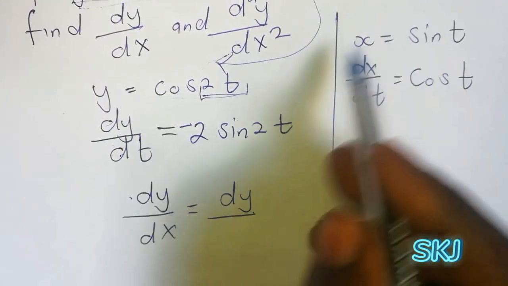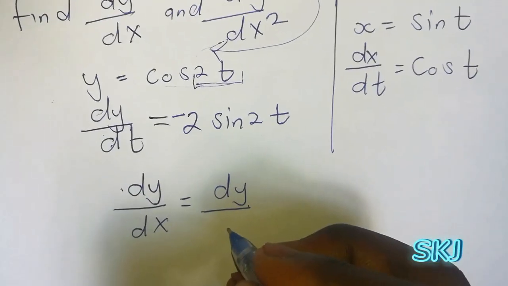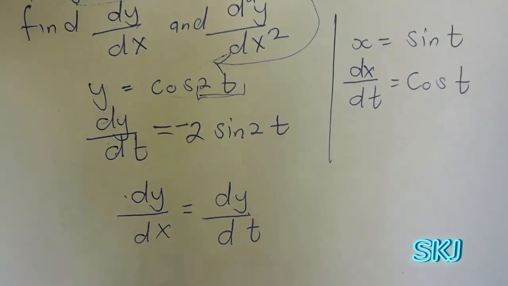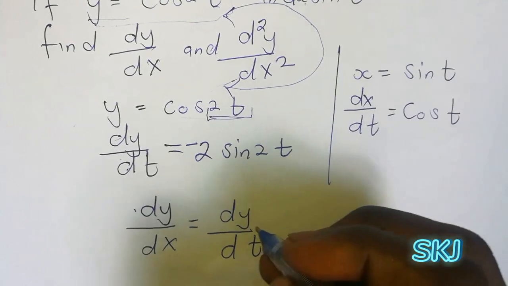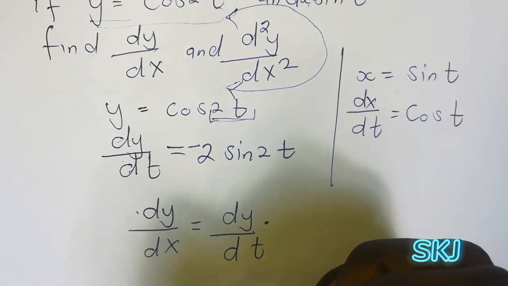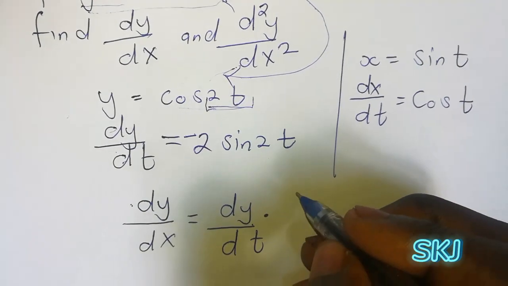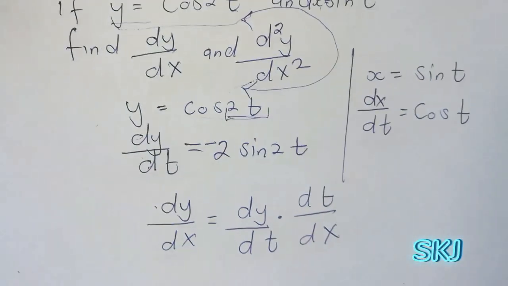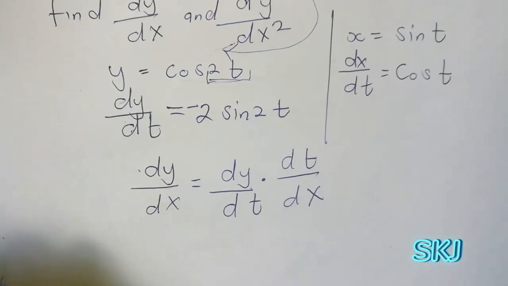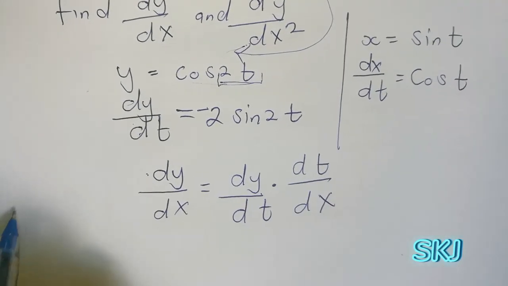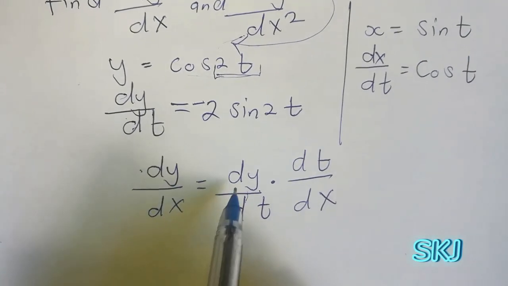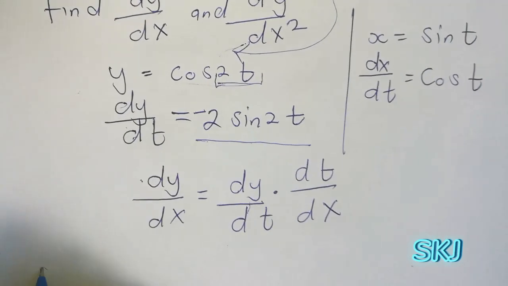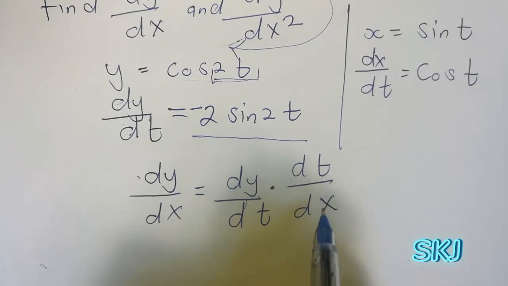Because we are dealing with t, it changes depending on the question, but the mechanism is the same. We already have dy/dt.